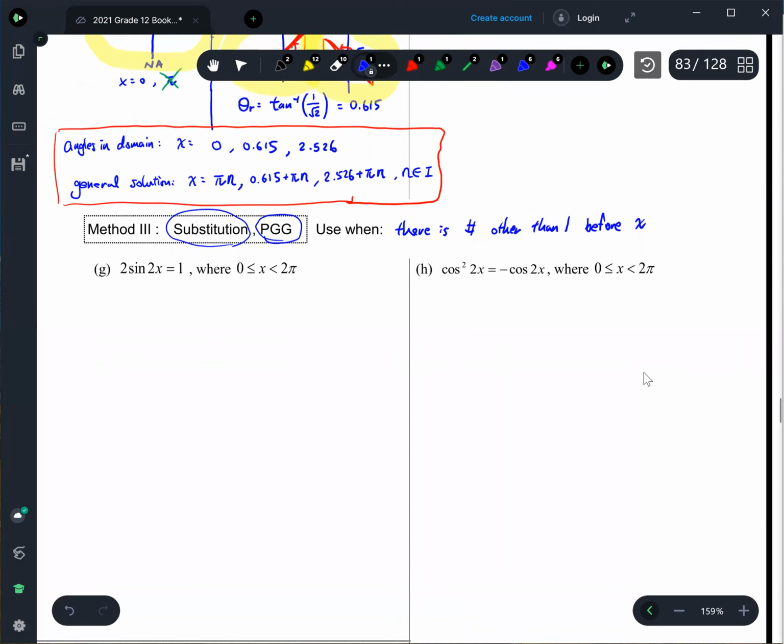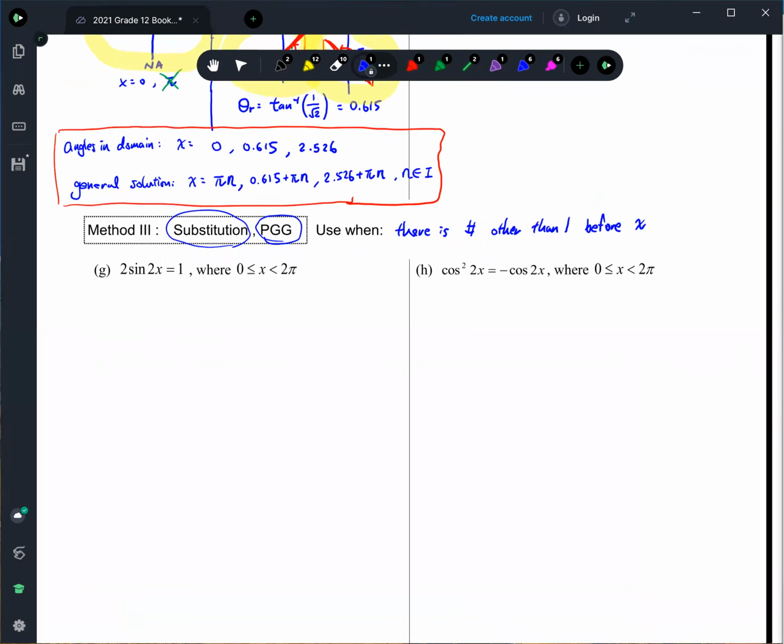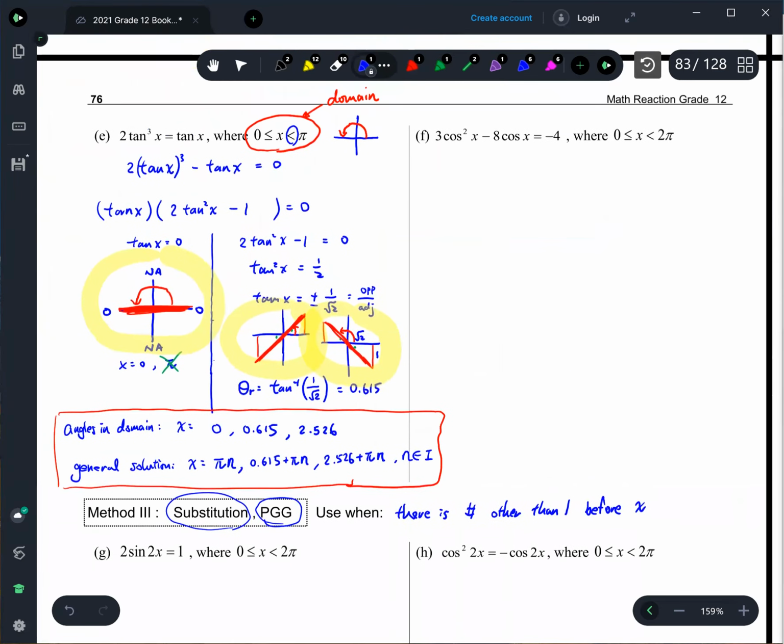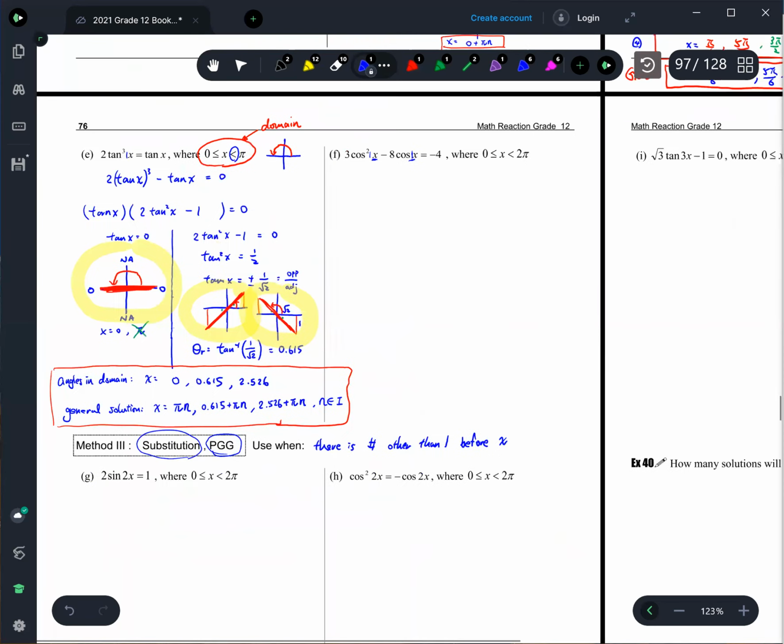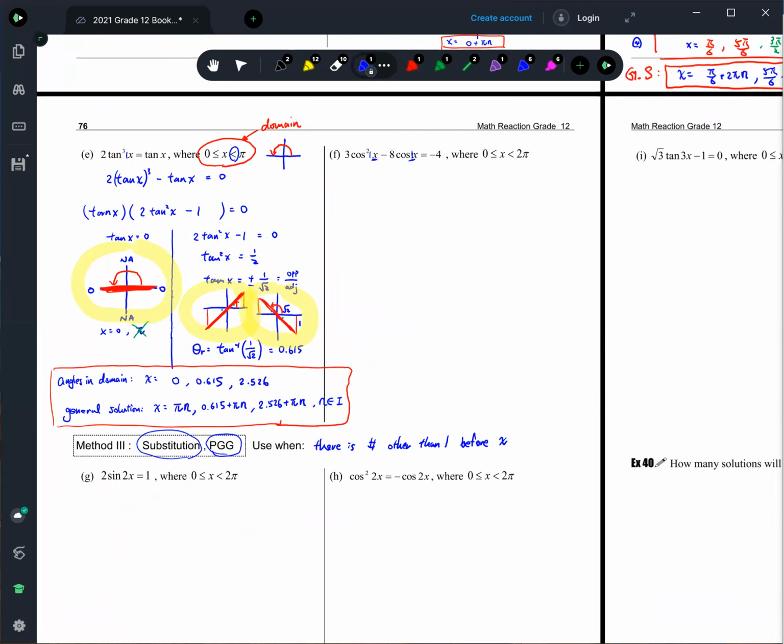Please write that down first. If you look at other questions, before the x is always just 1. Cosine x, cosine square x, only 1x. Tangent cube x. All the questions we've done before have only 1x.